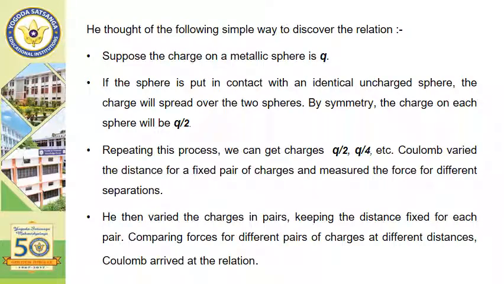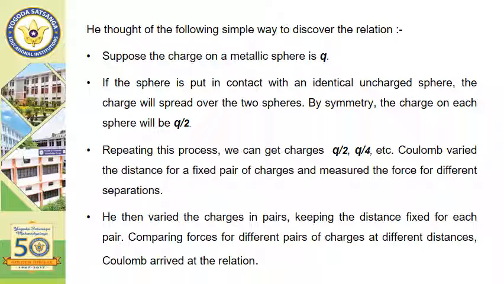Let us understand his thought in a very simple way to discover the relation. He supposed the charge on a metallic sphere was the value Q. If the sphere is put in contact with an identical uncharged sphere, the charge will spread over two spheres, and by symmetry we can say that each sphere will have the charge Q upon 2.